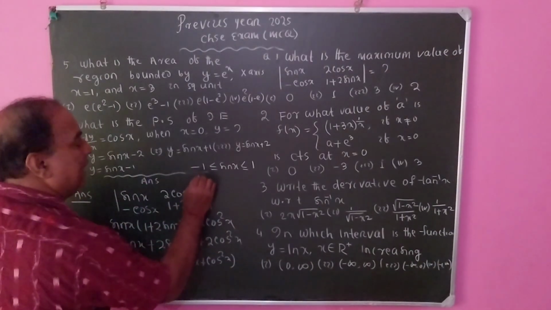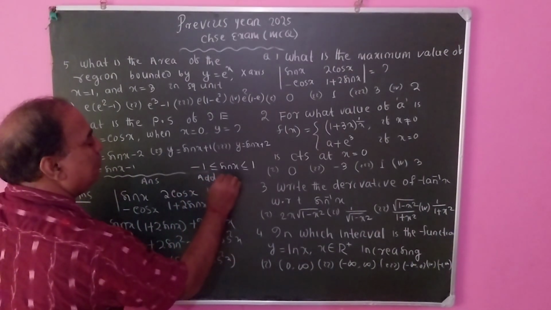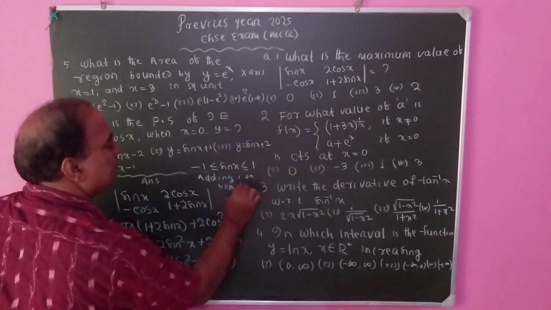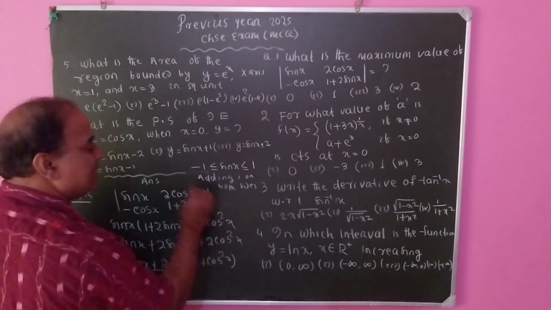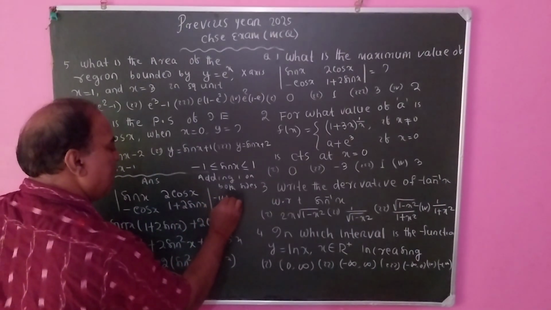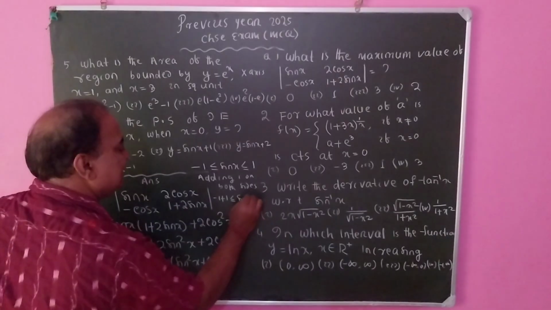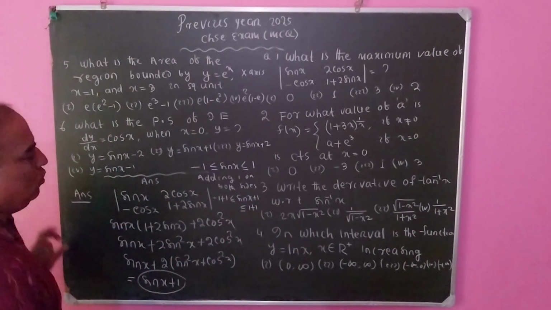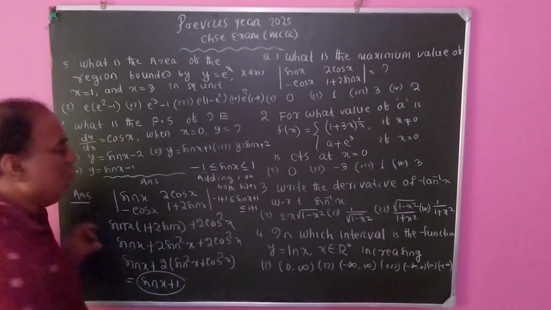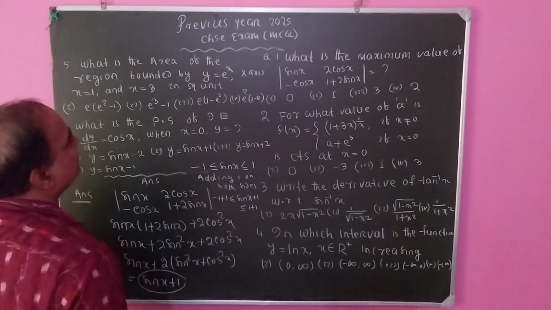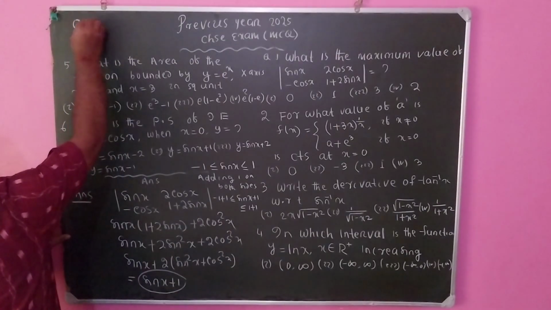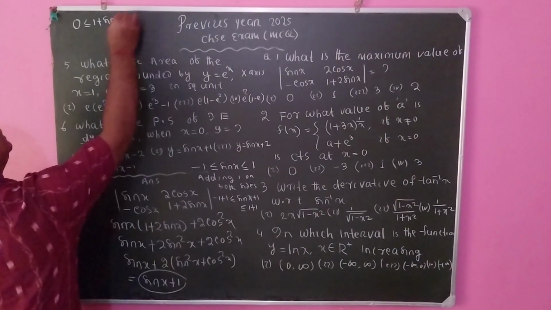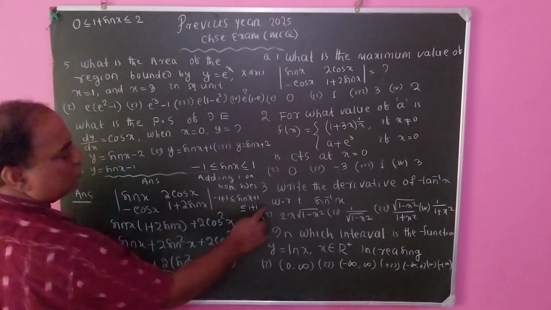Adding 1 on both sides, we get minus 1 plus 1 less than or equal to sin x plus 1 less than or equal to 1 plus 1. So we get 0 less than or equal to 1 plus sin x less than or equal to 2. 1 plus 1 is 2.